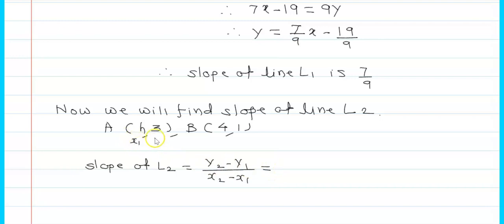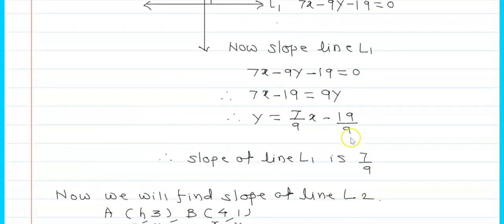This is the point x1, y1, x2 and y2. Okay, y2 is 1 minus 3. Okay, x2 minus x1, 4 minus h. And this slope is equal to m2.